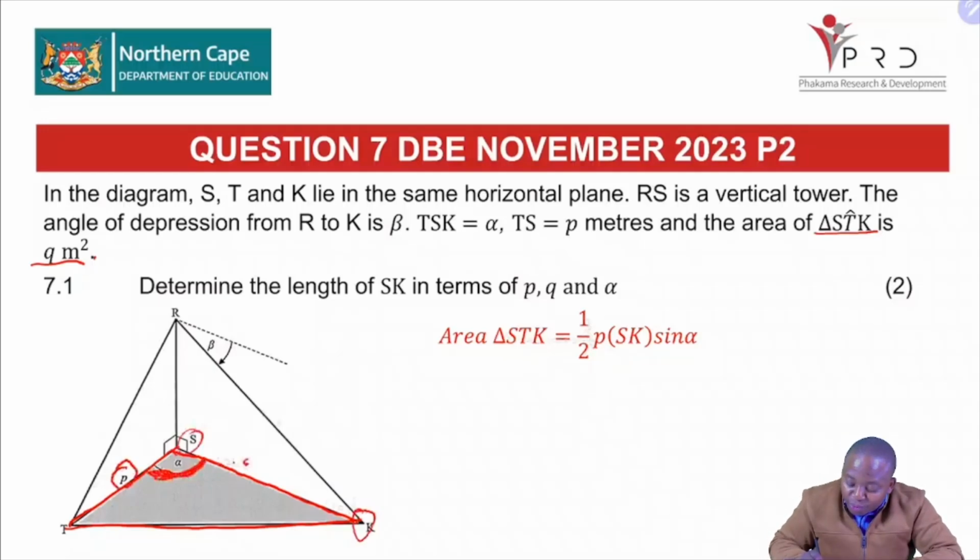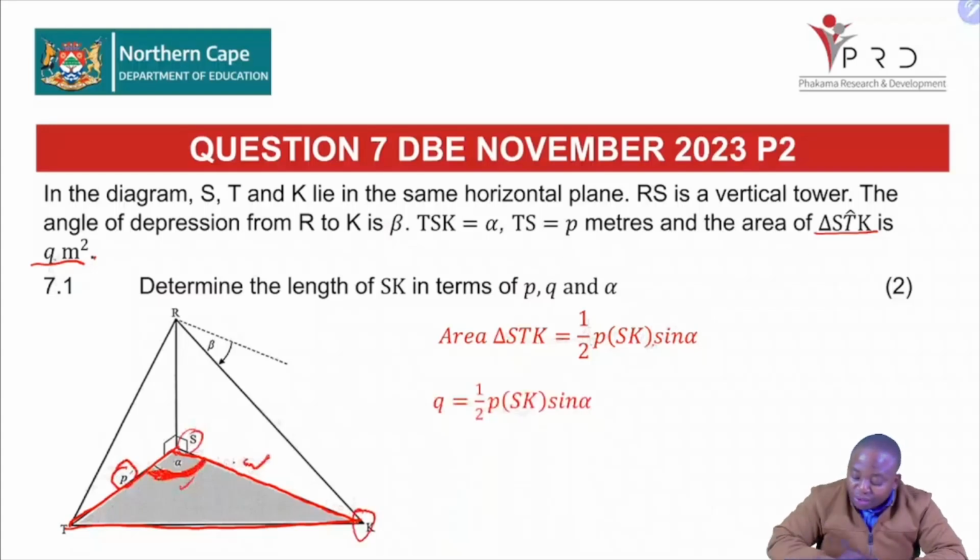It is half of one side, which gives the included angle, and SK, which is the other side giving us that included angle, multiplied by the sine of that included angle, which is sine alpha. Then we know that the area is Q meters squared. So Q is equal to 1 over 2 P SK sine alpha. From here, I can solve for SK.